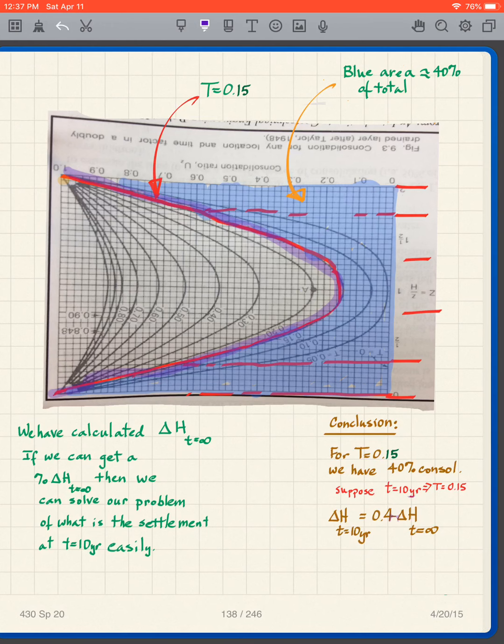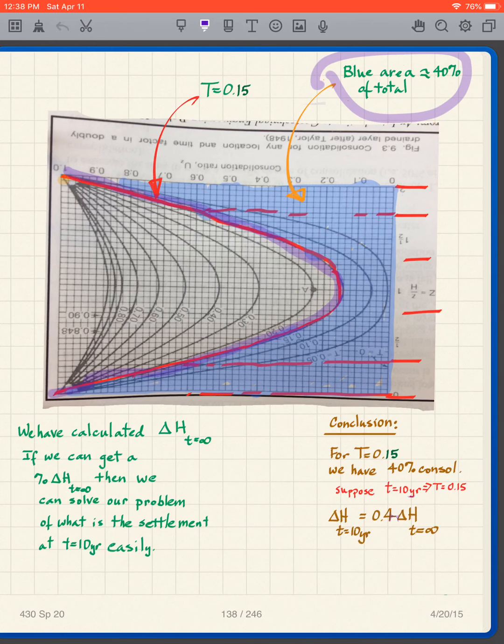If I take a lot of sublayers with points of interest, then what we end up considering is the area. In this case, the blue area.